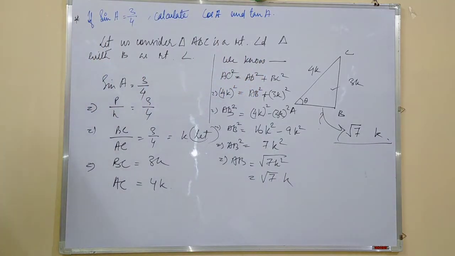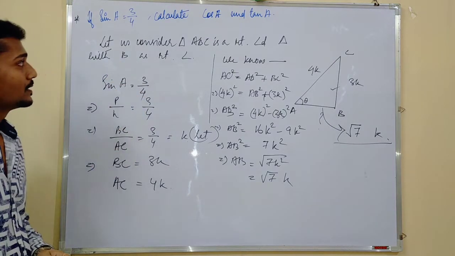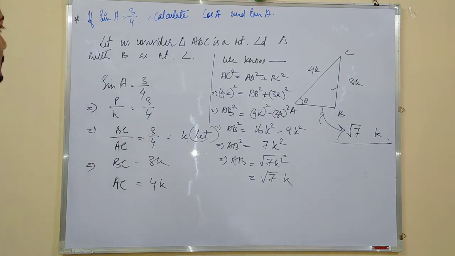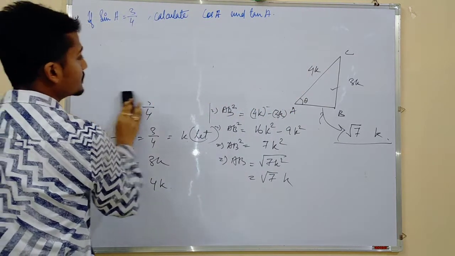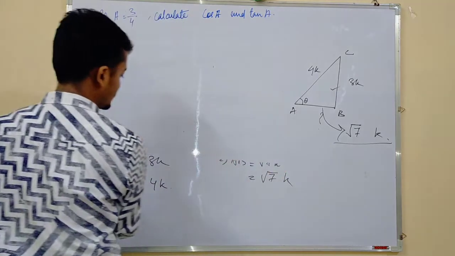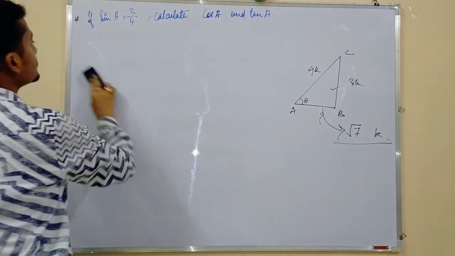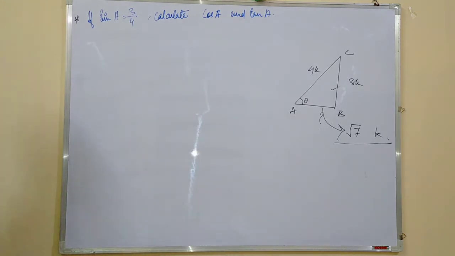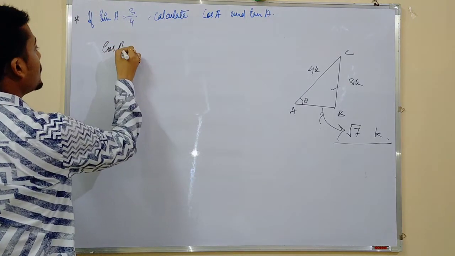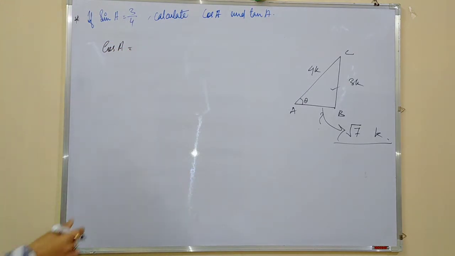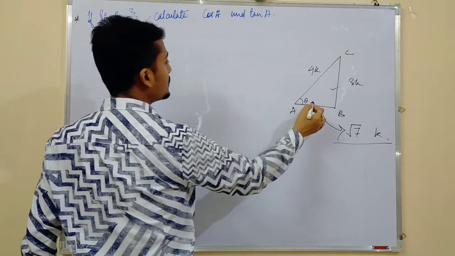Is that clear? So can I rub the part that I have already shown? Okay. Now see, cos A. Cos A is equal to B by H, isn't it?